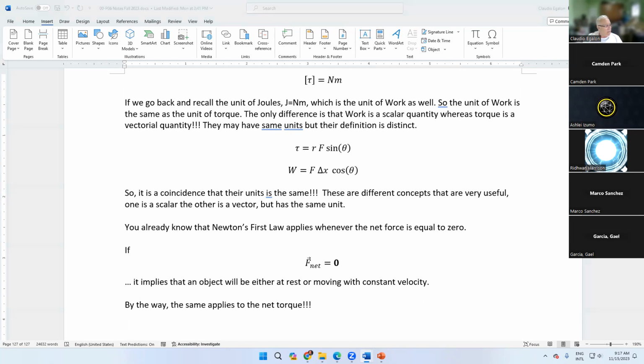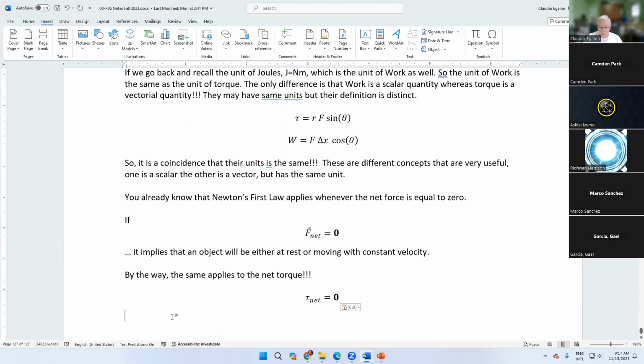So here you go. If you have net torque equal to 0, we have a similar situation.